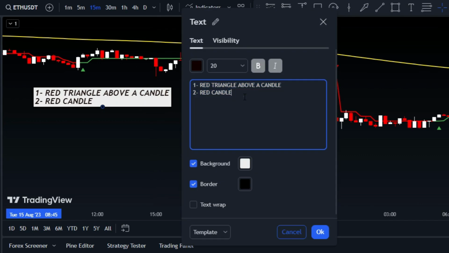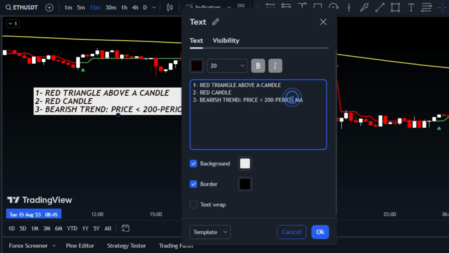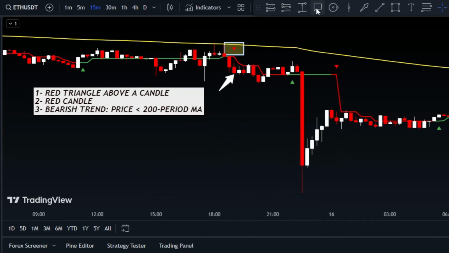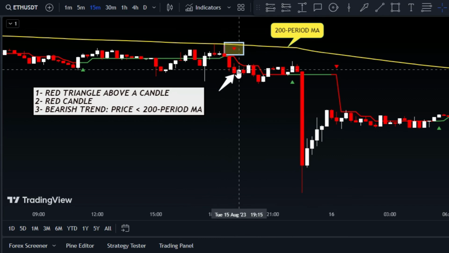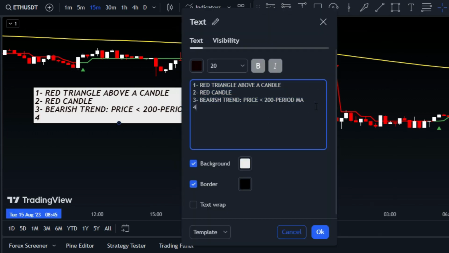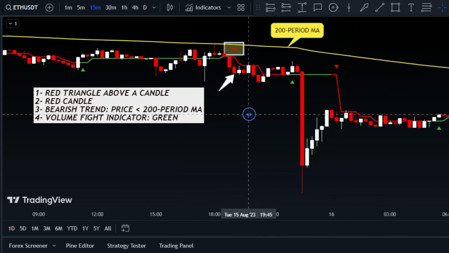In the following step, confirm the bearish trend, ensuring the price is below the 200 period moving average. Lastly, verify that the Volume Flight indicator also displays a red region corresponding to the signal candle.